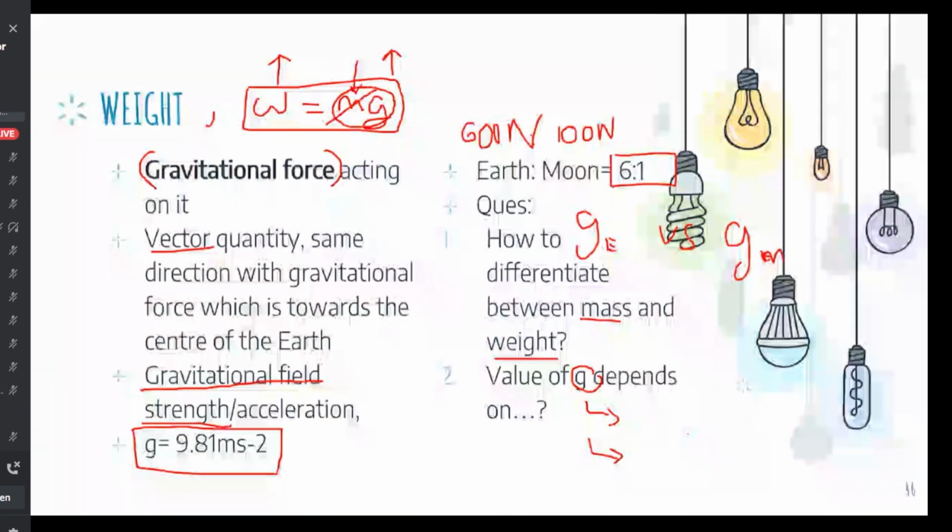Wait, what was the question? The value of g. Anyone? If you feel it's a bit weird, it's in your textbook.